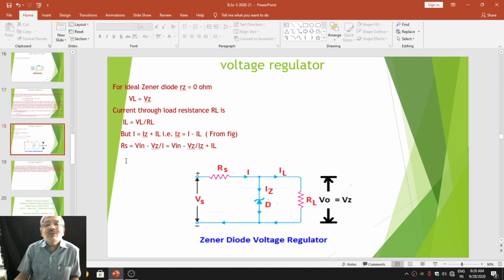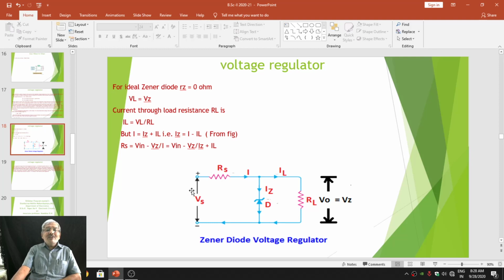Now friends, we are going to study what exactly the circuit diagram of the Zener diode as a voltage regulator is. It consists of an unregulated power supply, that is Vs, which we can take as Vin.